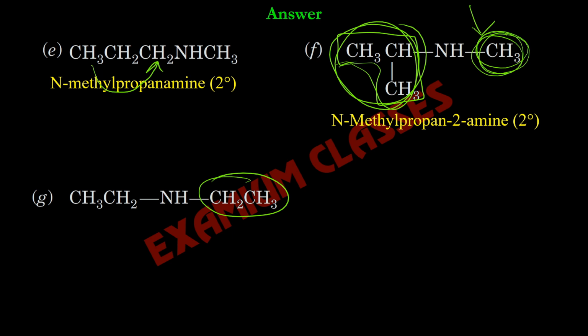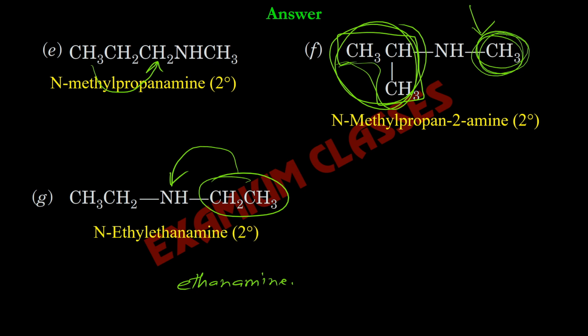So parent has become ethanamine. And in ethanamine, you don't need to mention 1 or 2 normally, because wherever NH2 is attached, that will be first carbon. Okay. And now because you have an ethyl group attached to nitrogen, you will say it is N-ethyl ethanamine.